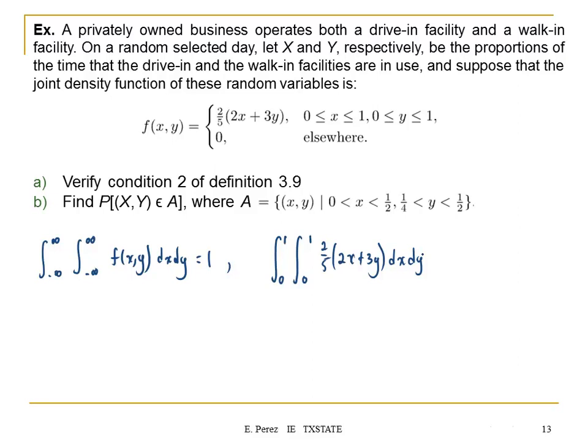Okay, so if we solve this, from 0 to 1, the integral of 2x squared over 5 plus 6xy over 5, for x equals 1 and x equals 0, dy.